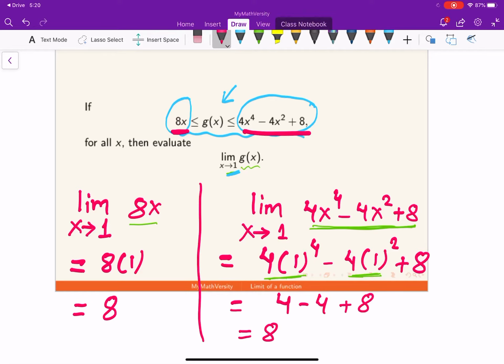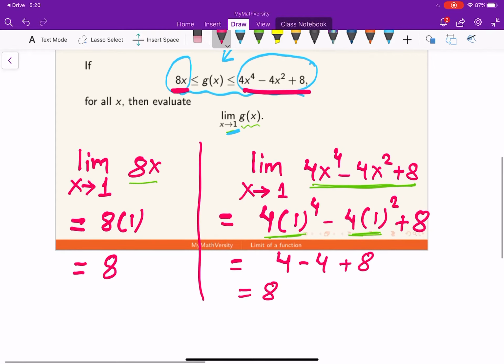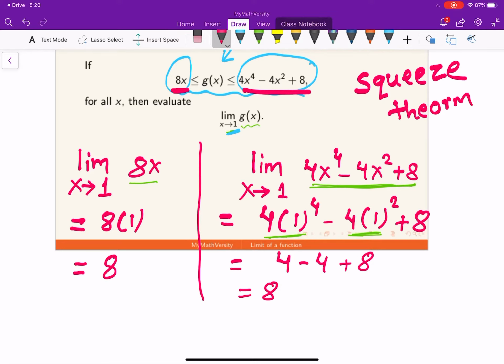Wow, yes, then we can use the squeeze theorem. The squeeze theorem is what we wanted to use, and it works here, because the limit of 8x and the limit of 4x to the power 4 minus 4x squared plus 8 at 1 are the same.